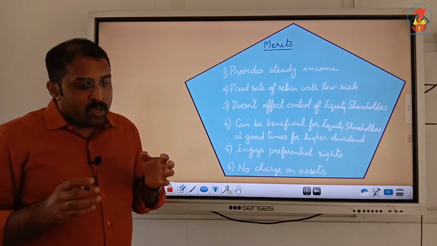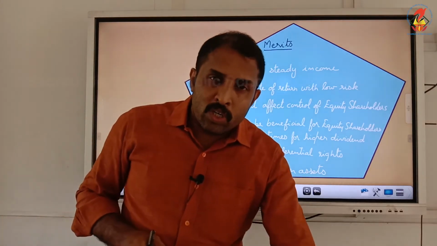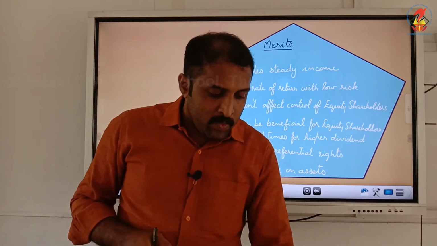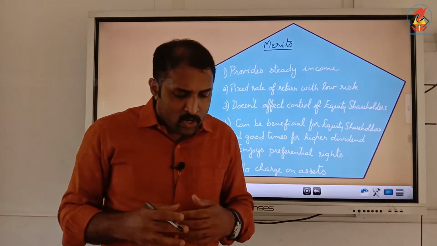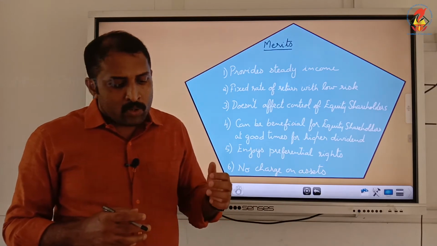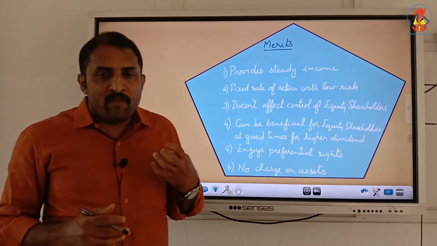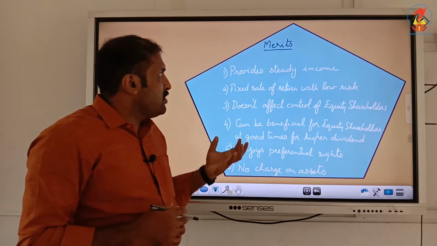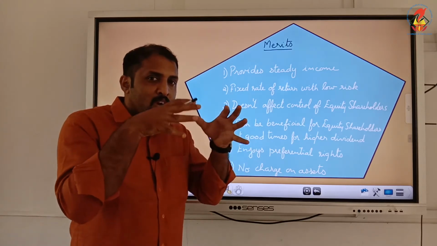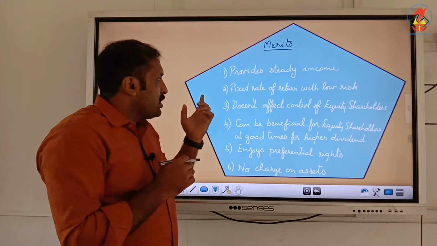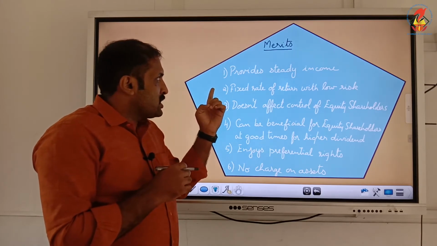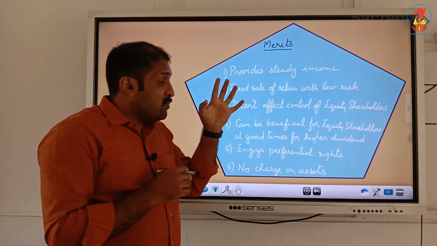There is a safety of investment, because for the investment we have made, they will pay a fixed rate of dividend. And one more thing is the fixed rate of return with low risk.